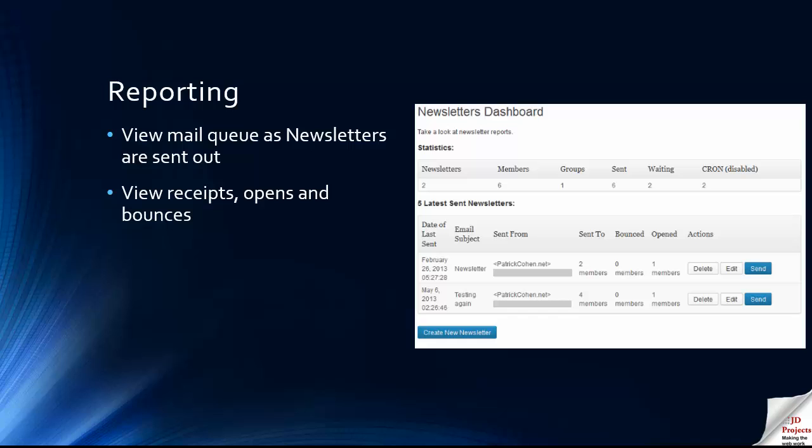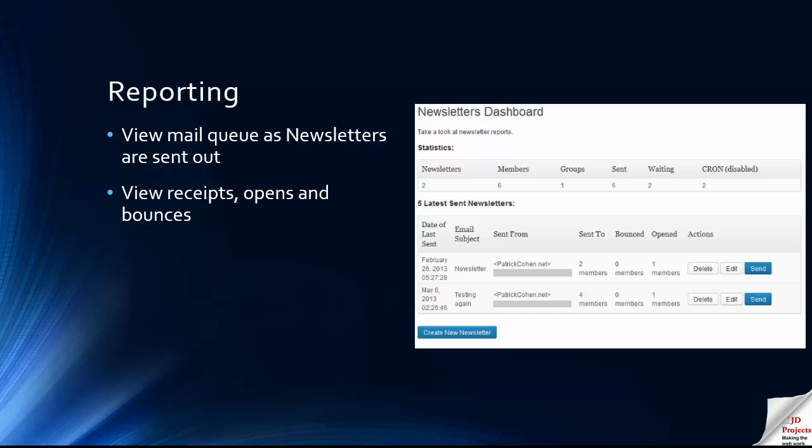Once you've sent your email out to people, you will see it in the queue as the number of newsletters and members, and how many have been sent and how many are waiting to be sent. And then once it gets to people at the other end, you'll start to see how many that have been sent have been opened, how many have bounced.